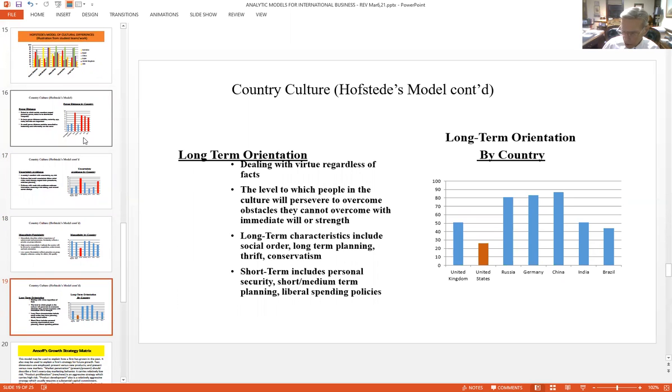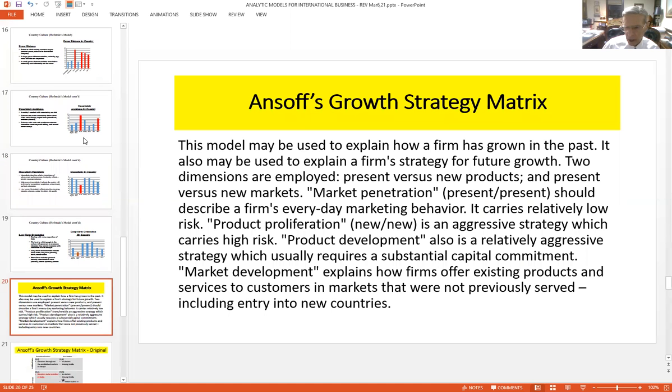China was highest, but it was rather interesting that Germany and Russia also came in very high. And finally, Ansoff's growth strategy. Once we have gathered all this information, the question is, what are you going to do with it?